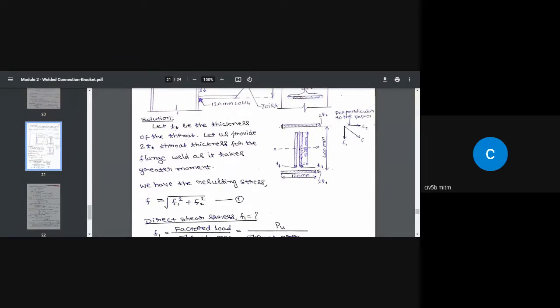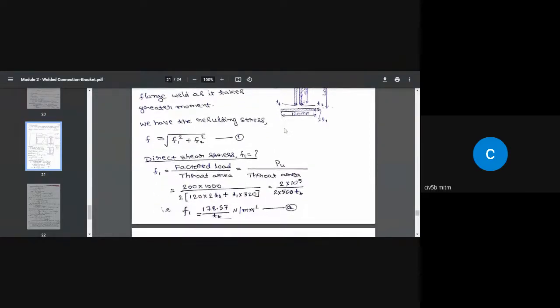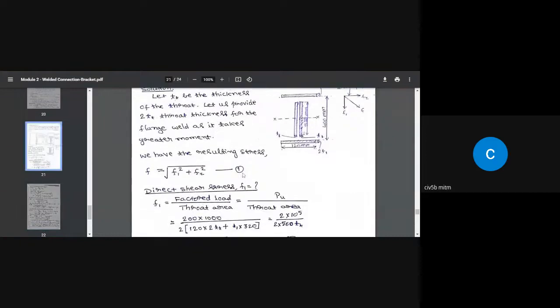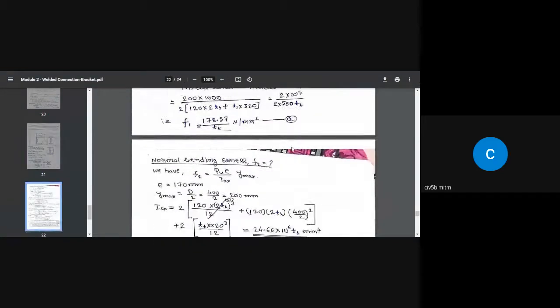So that is 120 multiplied by (2TT) cubed by 12 plus, applying the parallel axis theorem, 120 multiplied by 2TT, which gives the throat area, times the square of the distance, 400 by 2. Multiply the whole thing by 2 because we have two such welds, one at the top and the other at the bottom.